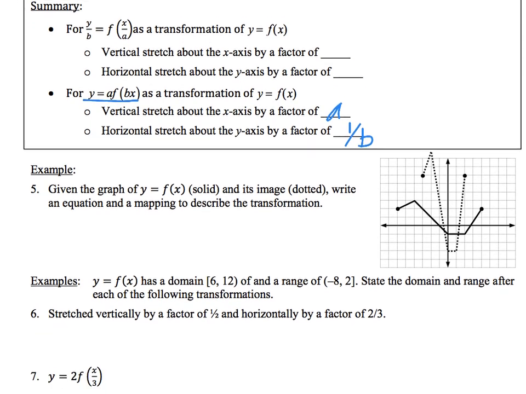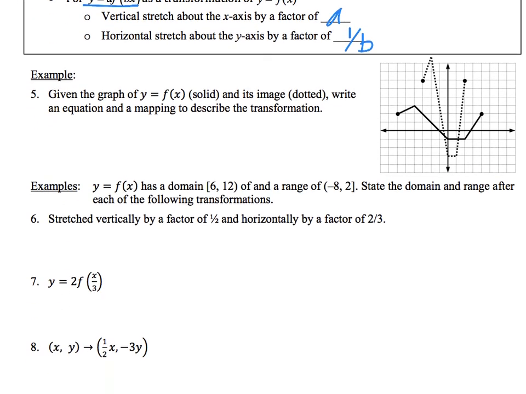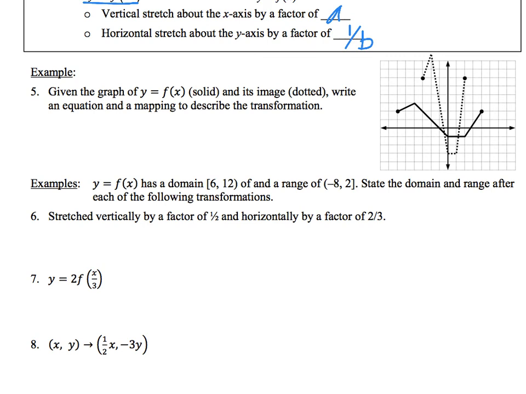Moving on to example 5, we have the solid function that has been transformed into the dotted function. And so as we look at some of the key points, as we look at this end here, horizontally, this point that was at 4 is now mapped here to an x value of 2, so it's half as big.